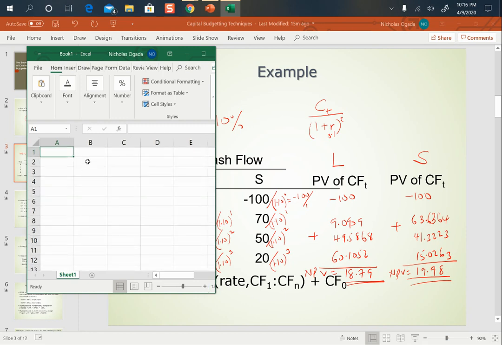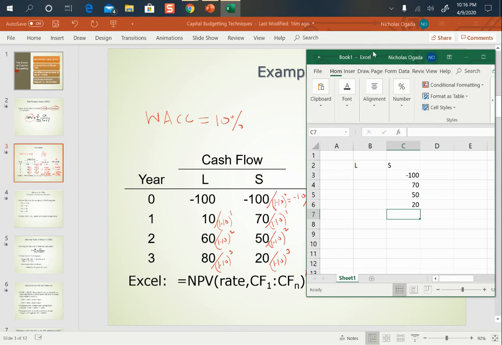You have two projects, project L and project S. For L, you have cash flows of minus 100, then 10, then 60, and then 80.